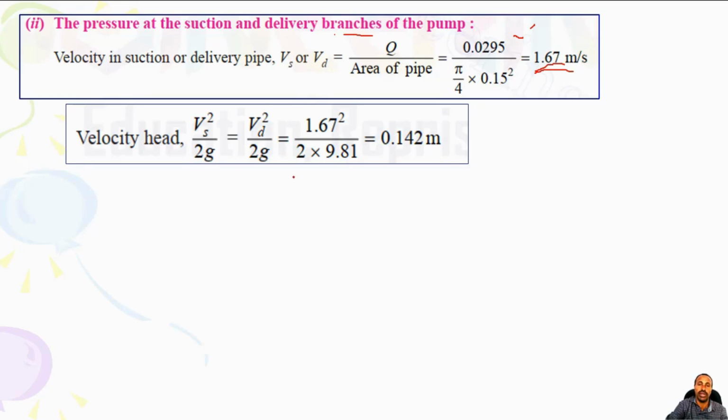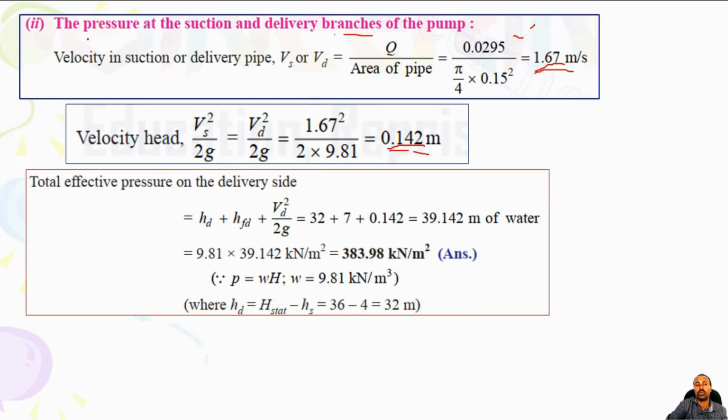Since we have the same diameter of pipe, we get 0.142 meter. The total effective pressure on the delivery side is HD plus HFD plus Vd square over 2g. This is the velocity head in the delivery pipe. So we have 39.142 meter of water.